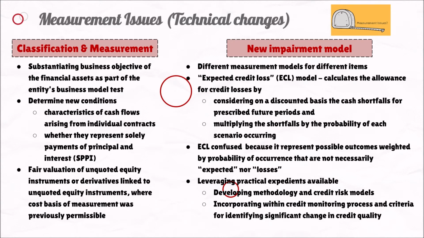Moreover, the new impairment model also causes some problems, such as quantifying particular expected variables for the new accounting standards in developing methodologies and credit risk models, as well as incorporating within the credit monitoring process criteria for identifying significant changes in credit quality.